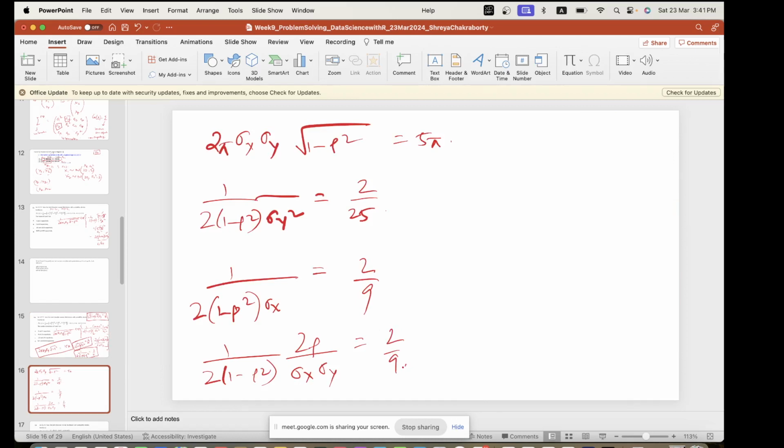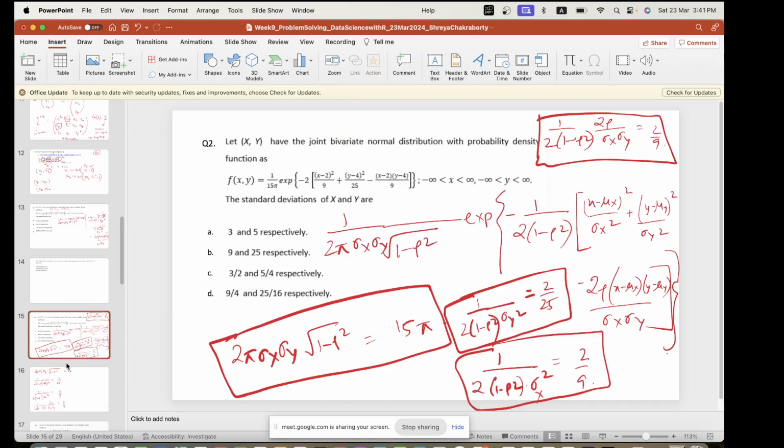Solving all of these, we will be able to find sigma x and sigma y. This is just one way to look at it.